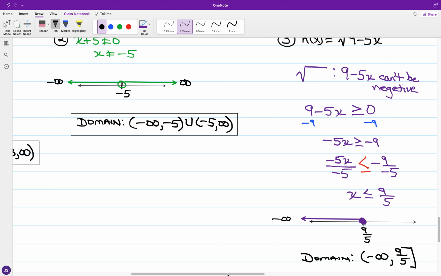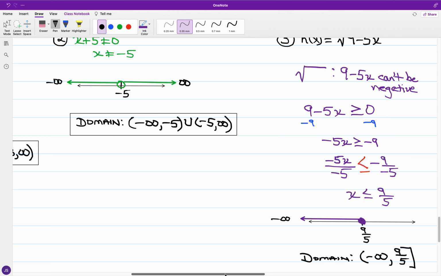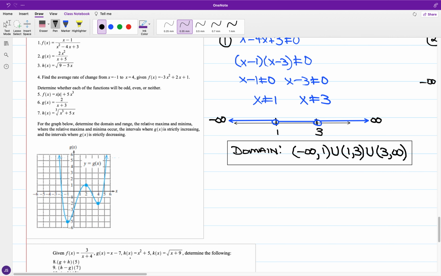Now for the next phase, we have number 4. We're looking at the formal functional layout for slope, just the average rate of change.